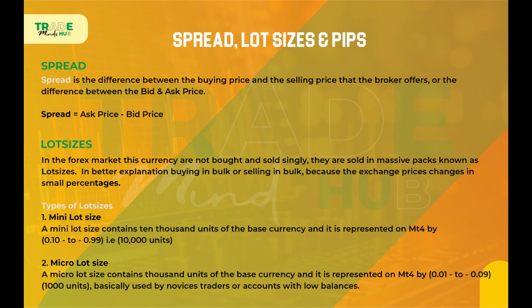Now, in layman's terms, lot sizes mean you're buying in bulk or selling in bulk, because the two things we do in the forex market are buying and selling. So for a specific lot size, you have to have a specific volume that you're buying of a certain currency, or a specific volume that you're selling of a specific currency.